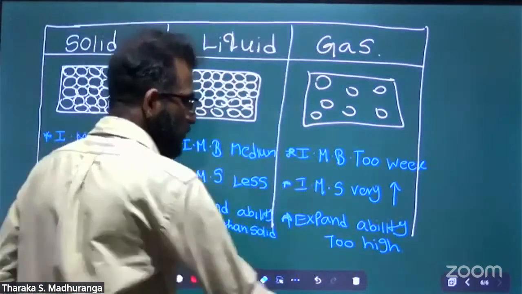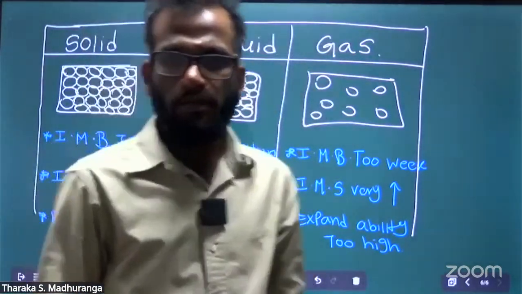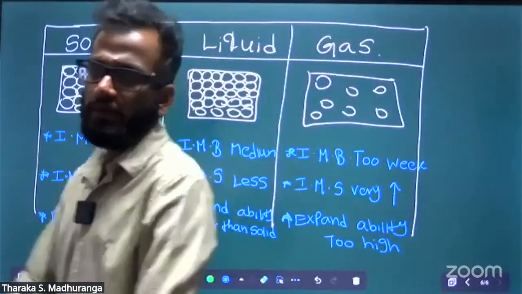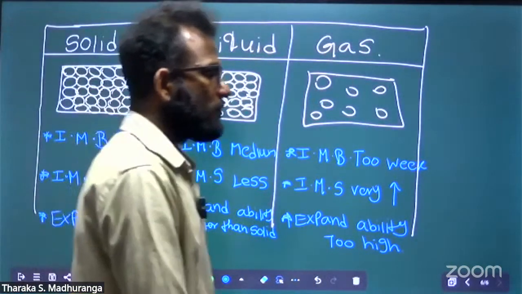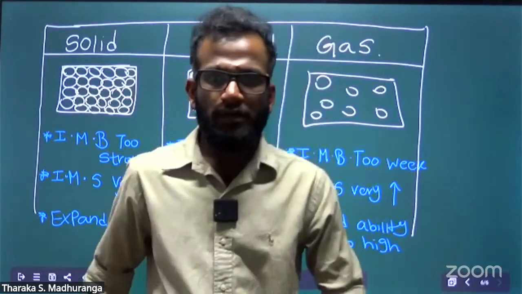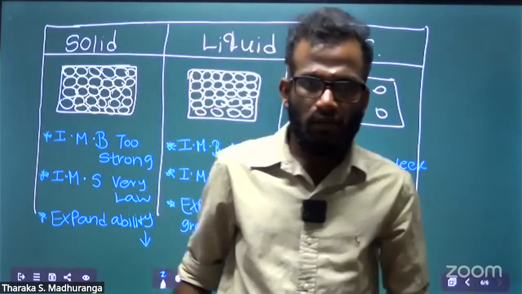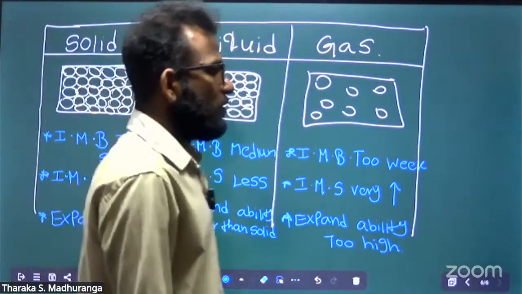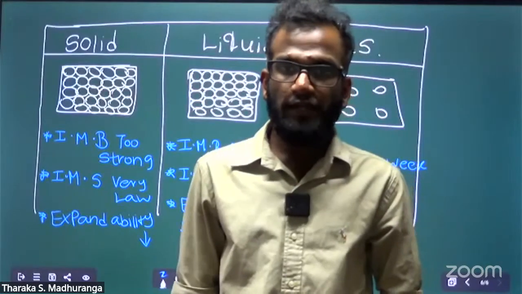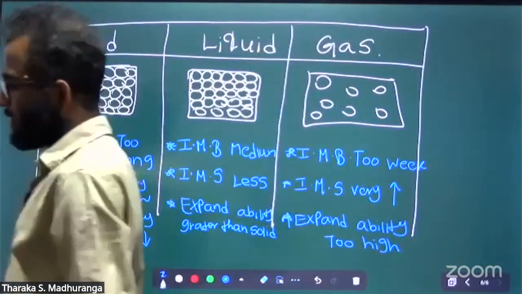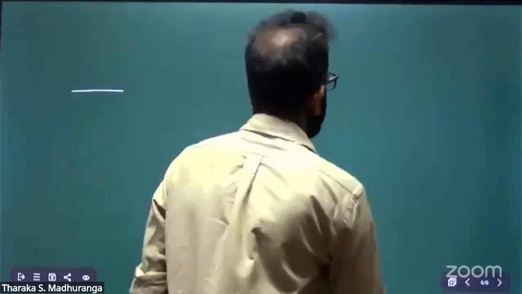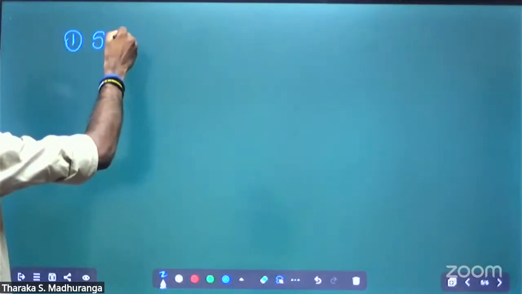Okay, good. Now, write down next point below the table. According to the matter type, thermal expansion, mainly three types. Write down the first one, solid expansion.